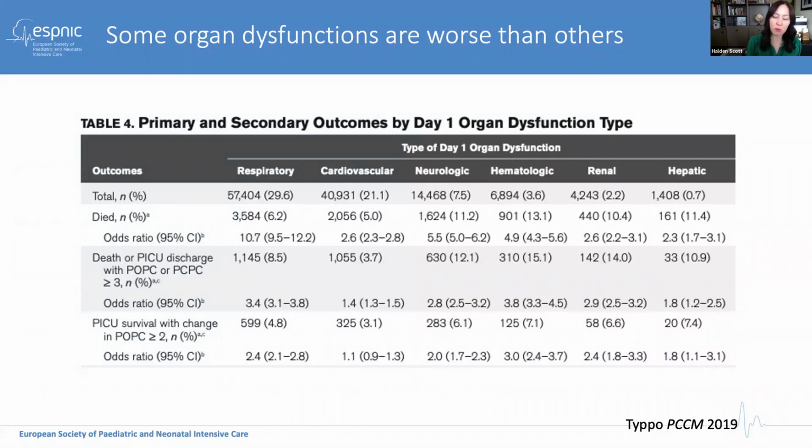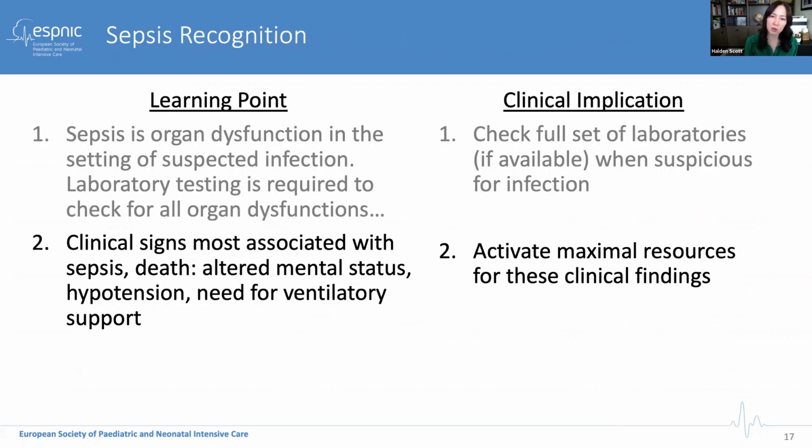The findings from that pooled meta-analysis are similar to those that were seen in this analysis of organ dysfunctions and their association with death. And you'll see that respiratory organ dysfunction, neurologic, and hematologic organ dysfunction had the highest odds ratios for being associated with death.